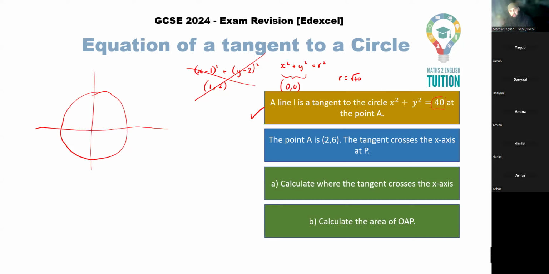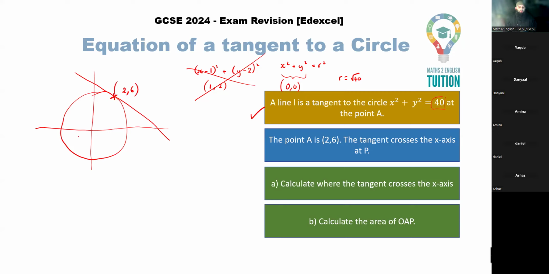It says the point A is 2 and 6. 2 and 6 is somewhere here. So the tangent is at point A, and we can draw a line over here. That's the tangent. That's 2 and 6.